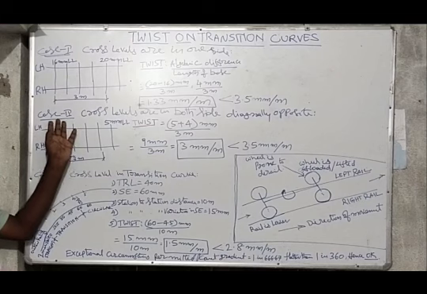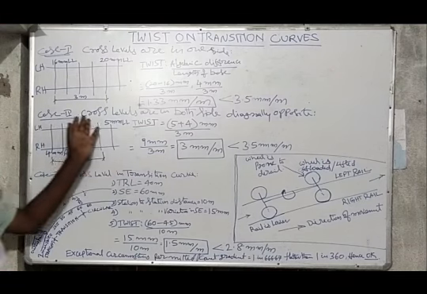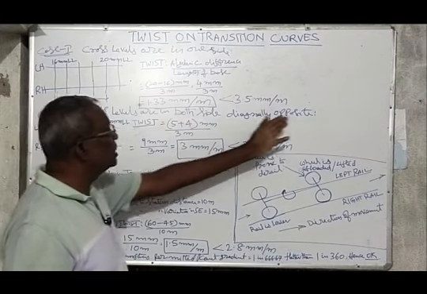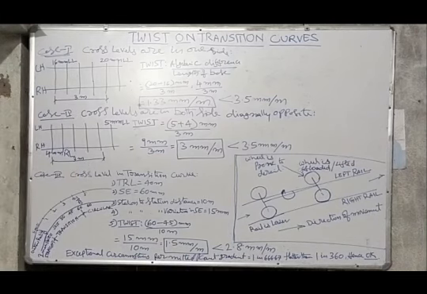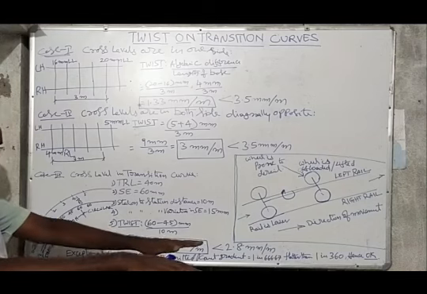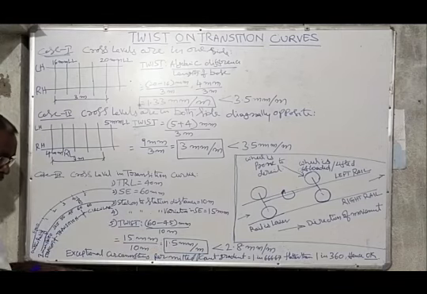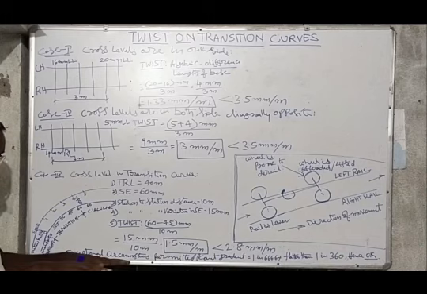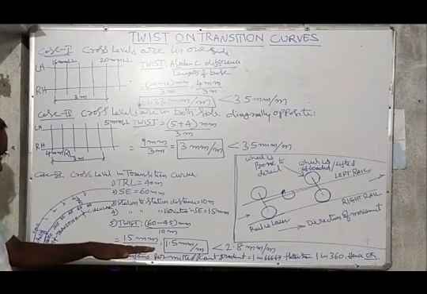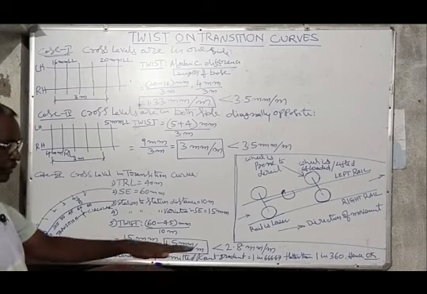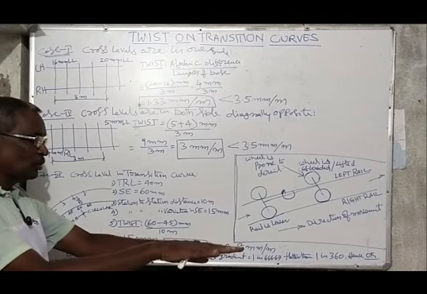Then comes case 2. Cross levels are on both sides diagonally opposite. For this, the algebraic difference of cross level is the addition of cross levels. While moving, the vehicle is continuously seeing 0, 0, 0. Suddenly it is 4 mm low. Then after the fifth sleeper, again it is low.